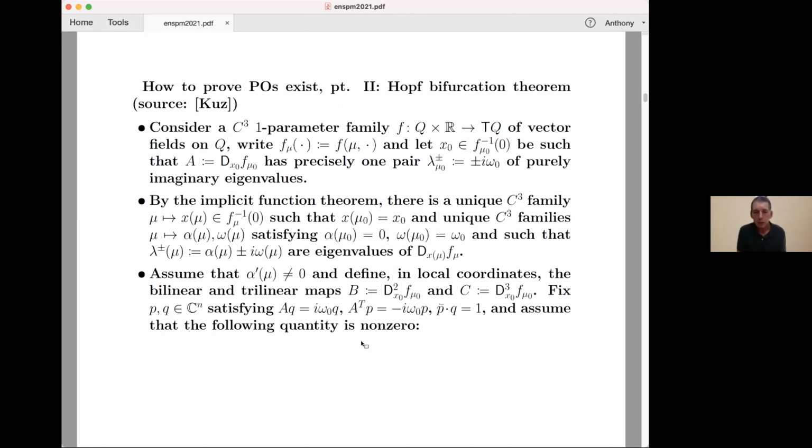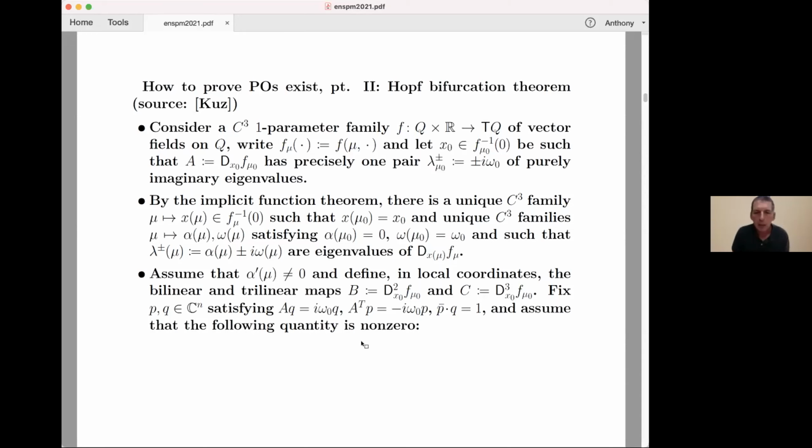So if you don't have the 2-dimensional case, how do you prove the existence of periodic orbits? One thing is the Hopf bifurcation theorem. Suppose I have a reasonably differentiable 1-parameter family, x dot = f_mu(x), and let's suppose that x0 is in f_mu^{-1}(0) such that the Jacobian has a pair of purely imaginary eigenvalues.